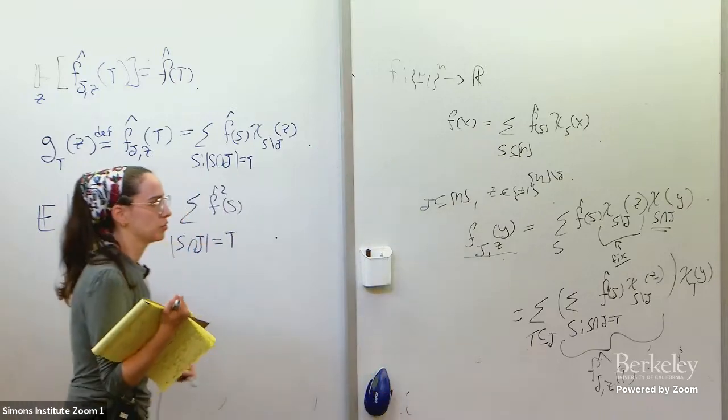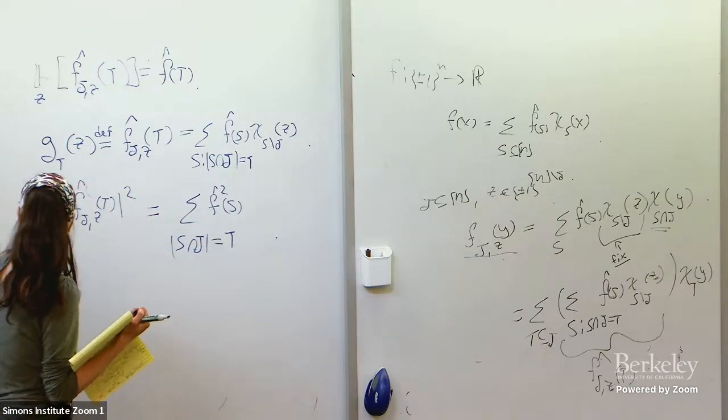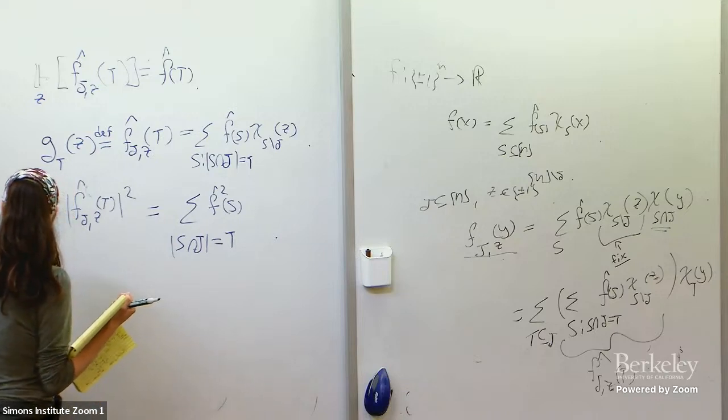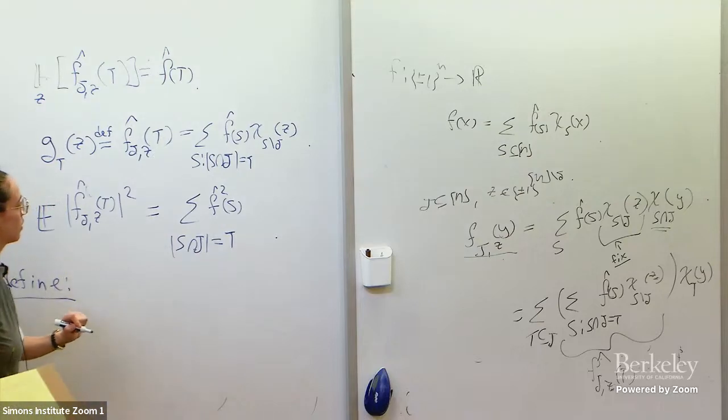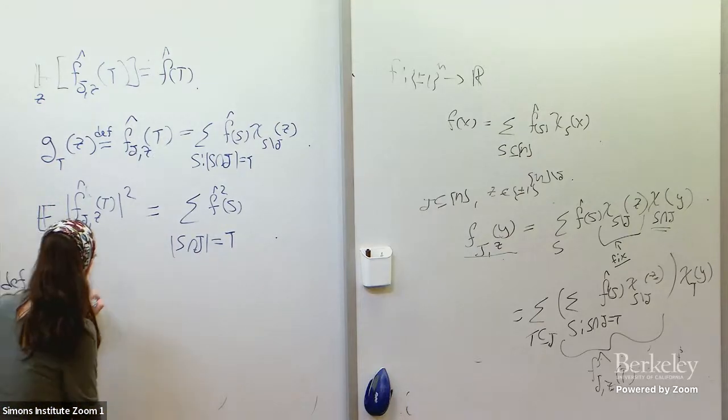Now let me introduce some new quantity of Boolean functions. Let us talk about the level K weights.